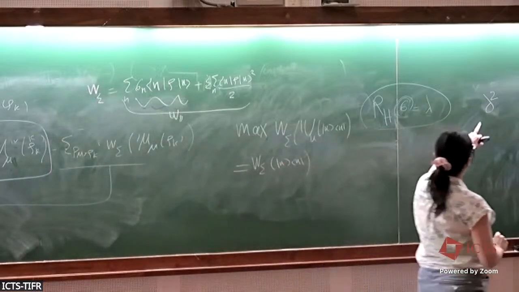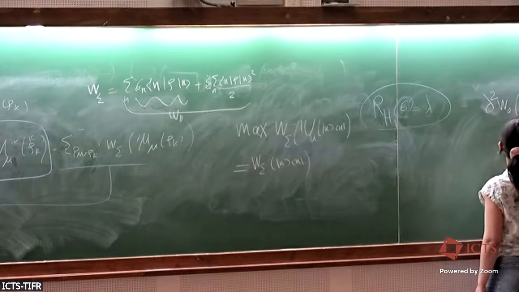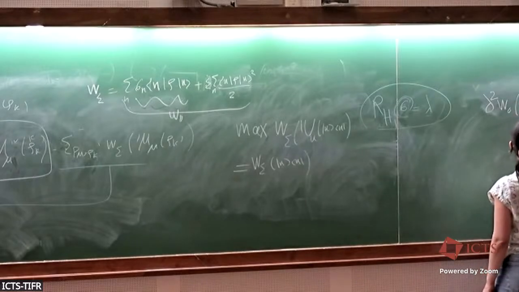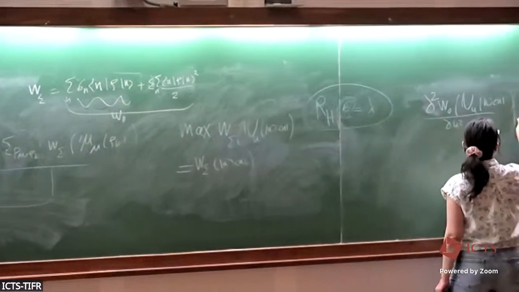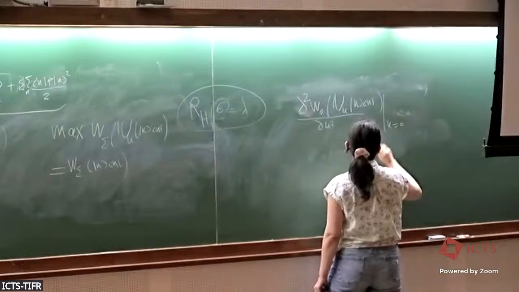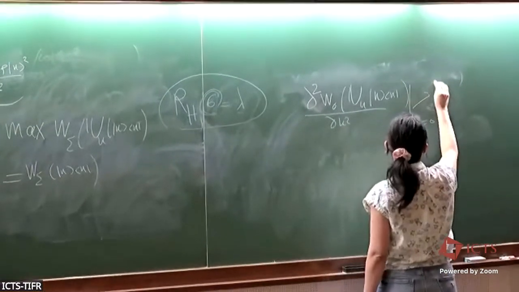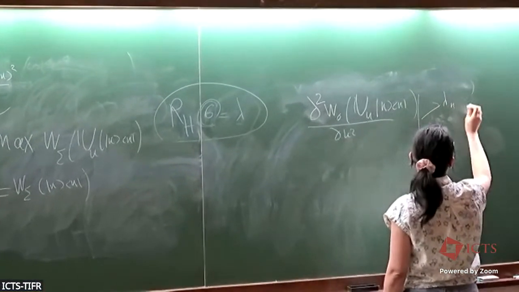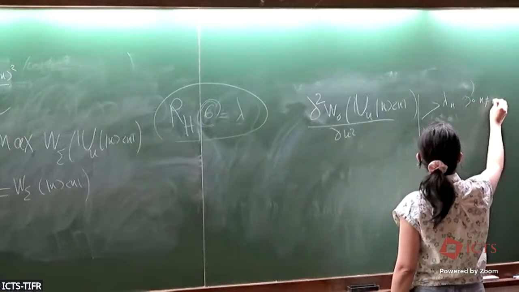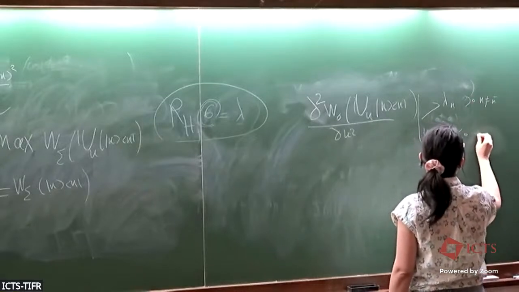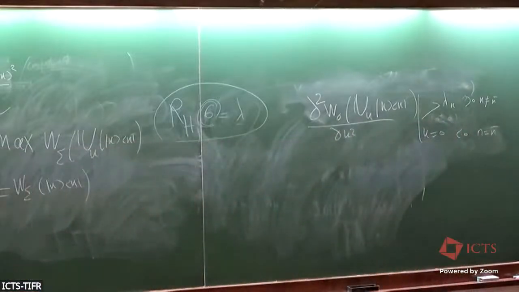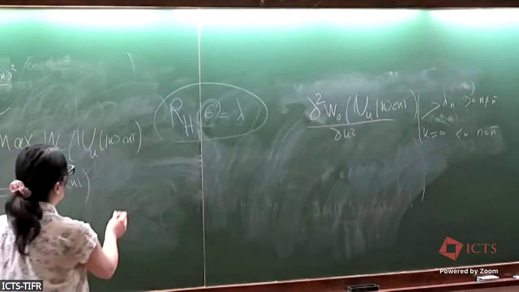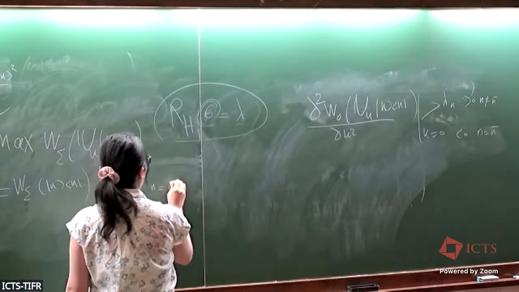The second derivative of W0 at the Fock state n with respect to the control, when you look at the control 0, is equal to lambda n, which is positive for any n different from n bar, and negative for n equal to n bar. So if your feedback is small enough, this equality can arrive only if you have the state n equal to n bar.